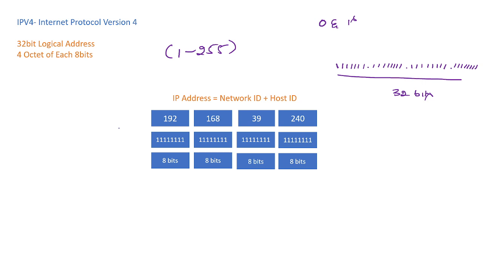If the number exceeds 255, if you write 256, that is an invalid number. Why am I telling you like this? Because for one octet, out of the 32 bits, 1 octet is 8 bits. If I convert this binary to a numerical value, I will get the number 255 only.